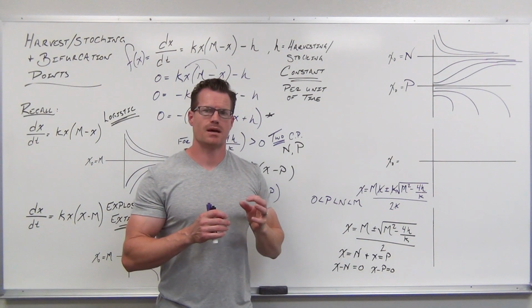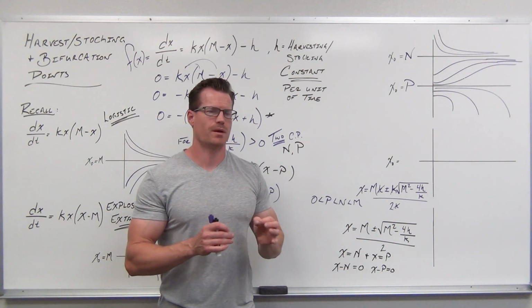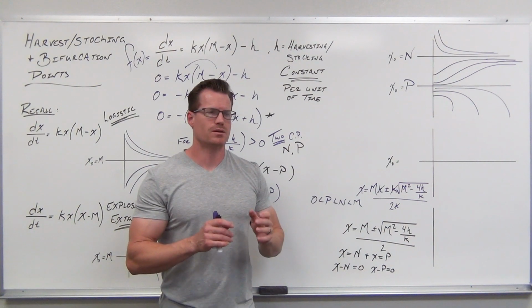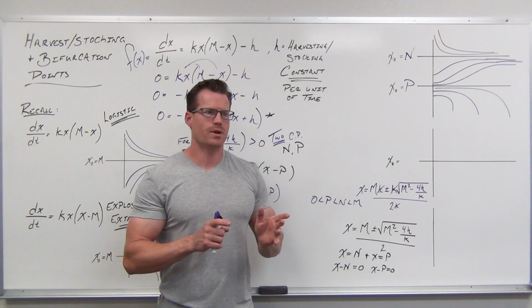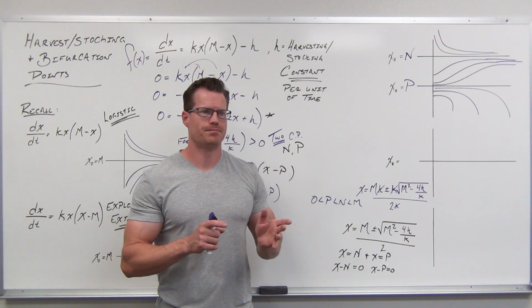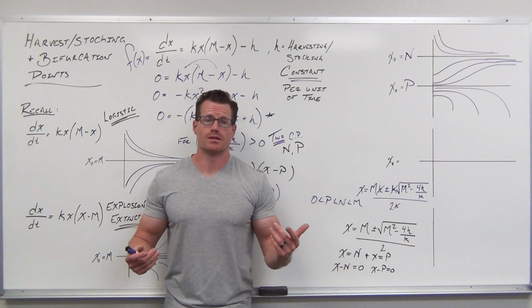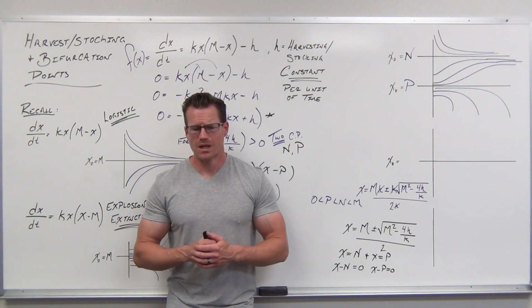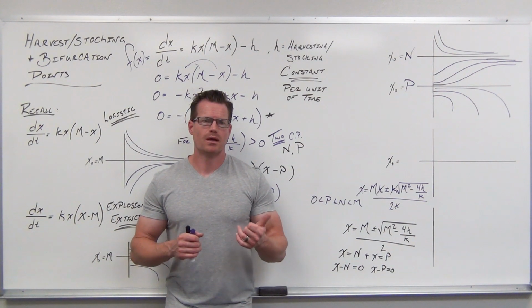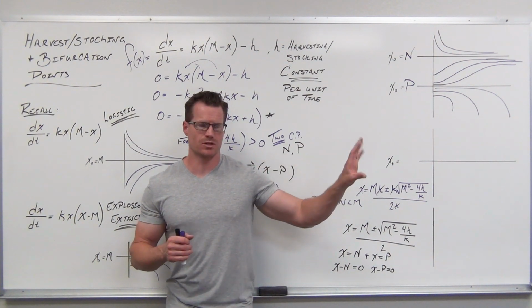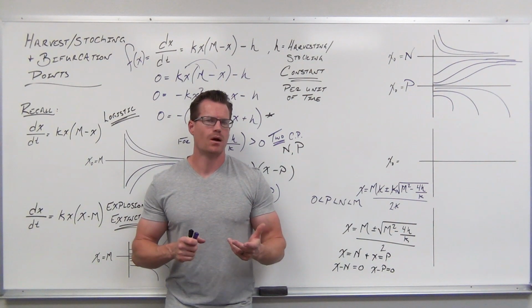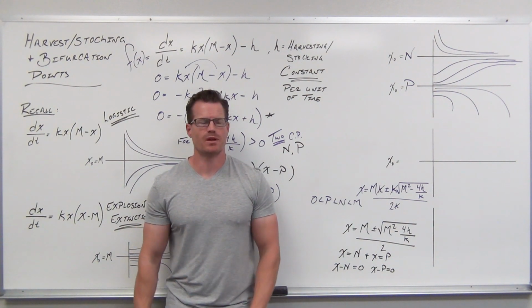Does that make sense? I hope that makes sense. So if we have an h that's constant over time, and we have an initial population, what's going to happen to our population in the long run is going to depend on that initial population. Here's what I mean by that.